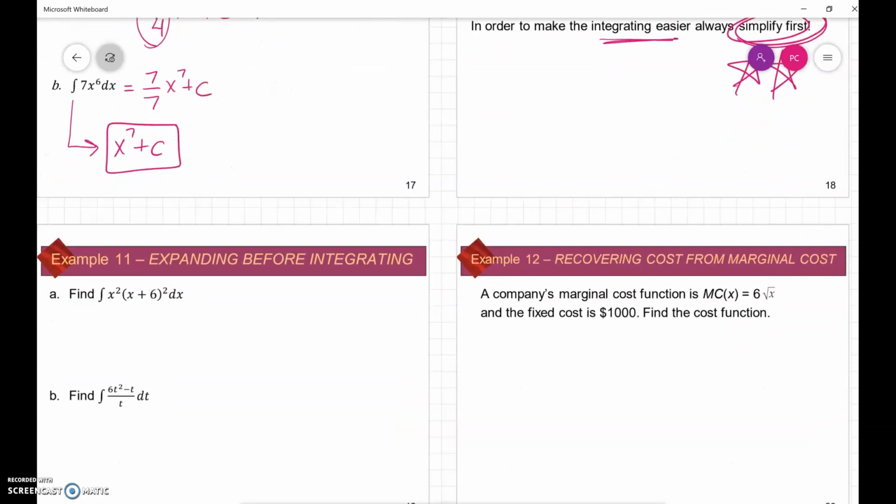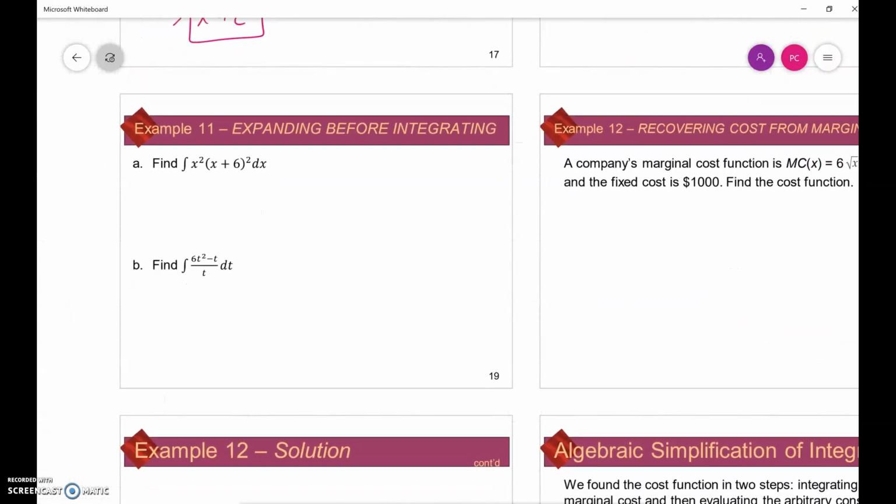So looking at the next slide, I have two things that need to be integrated. The first one is the integral of x squared times the quantity x plus 6 squared dx. So what you want to do is simplify this out first. And what we're going to do is simplify the x plus 6 squared out.